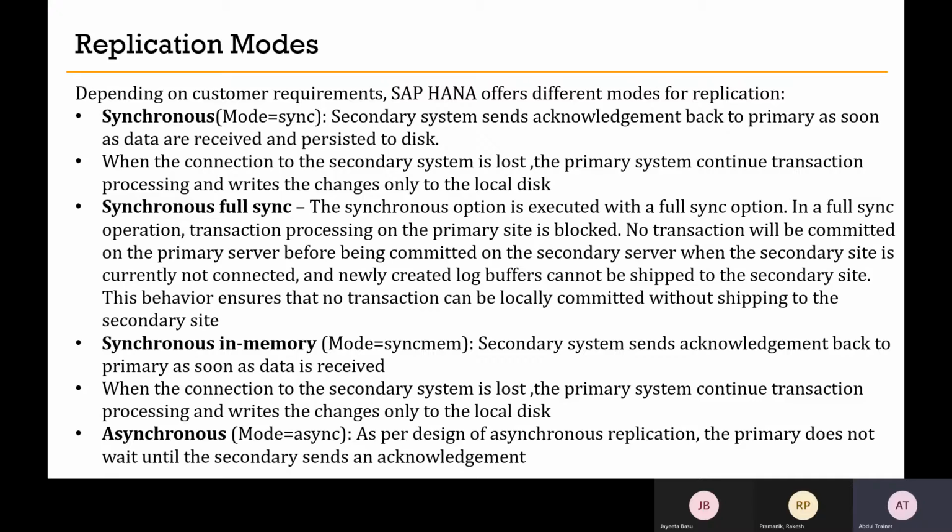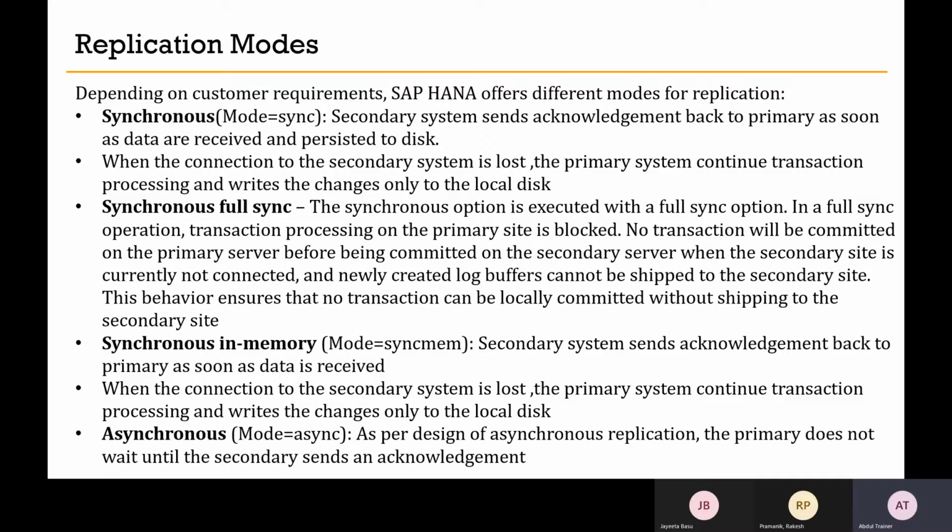Then you will bring up your secondary, but the secondary is not synced from the primary, because the secondary went down, and then after 10 or 15 minutes the primary also crashed. So in that case, some data loss is there. So SAP guarantees zero data loss in the full sync.